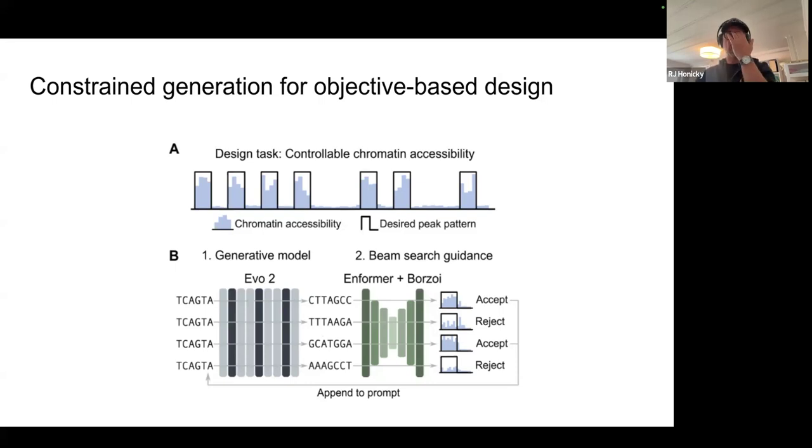So it's sort of a constrained generation, using this really complex model to be the signal that decides whether or not to reject, like the constraint.